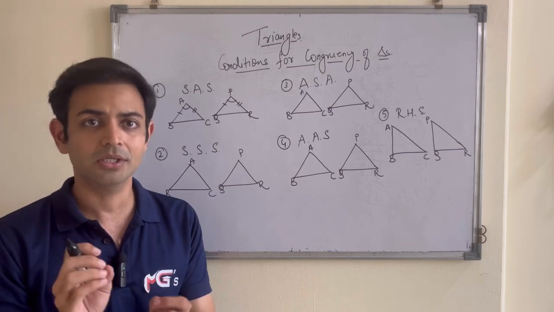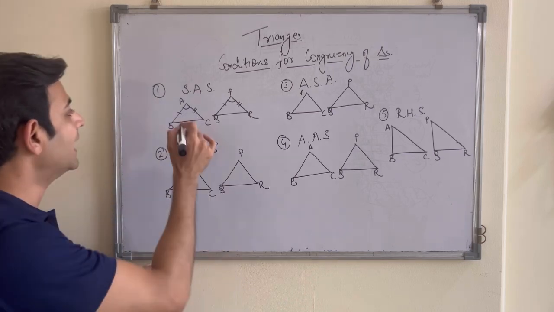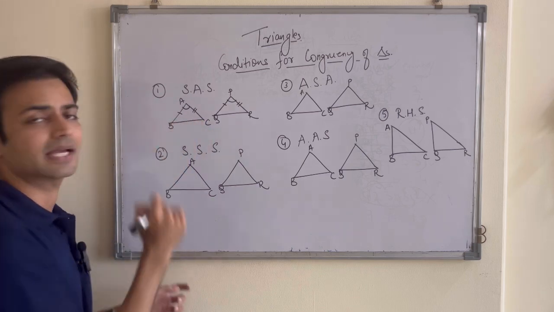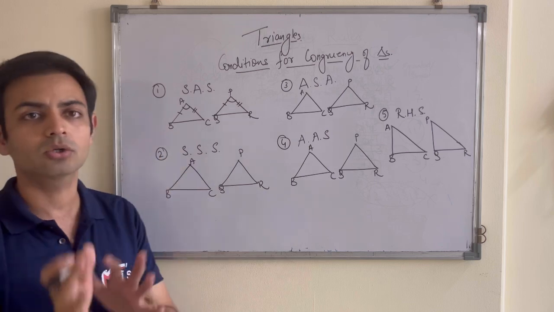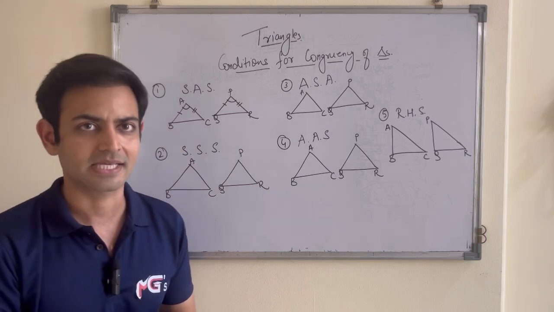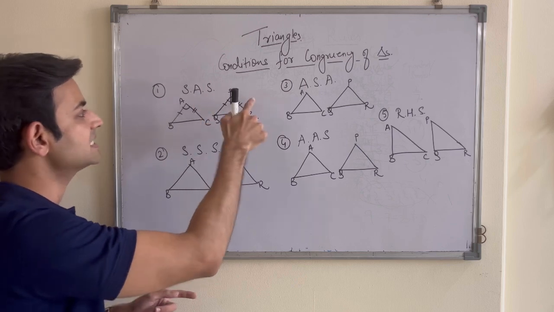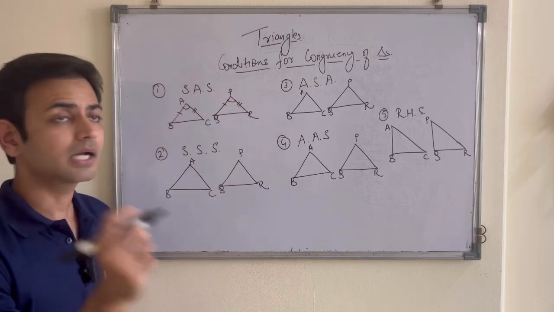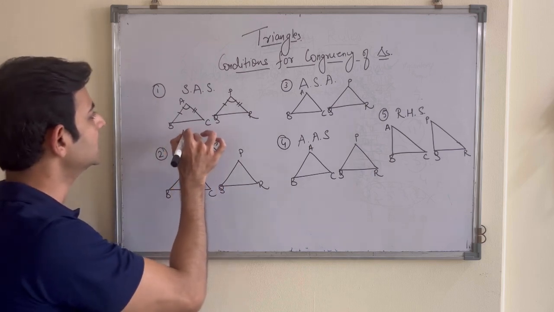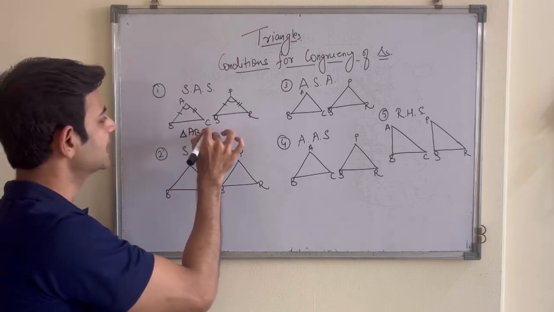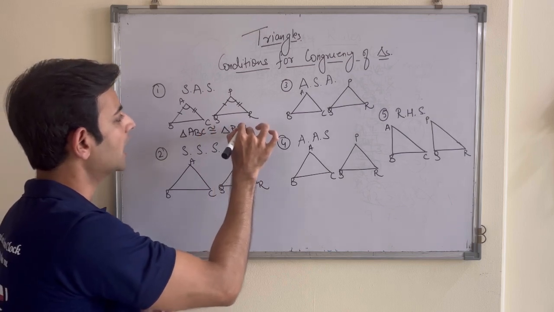Now remember here, the angle has to be in between the sides. So I can't use this angle and this angle. It has to be the angle between the equal sides. Because AB is equal to PQ and AC is equal to PR, my angle has to be this one only. So I can say triangle ABC is congruent to triangle PQR.